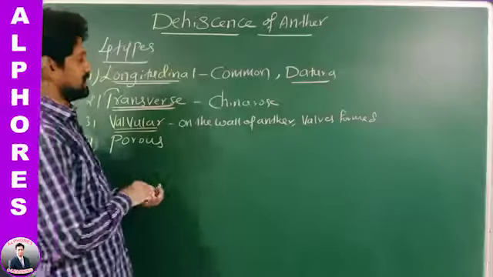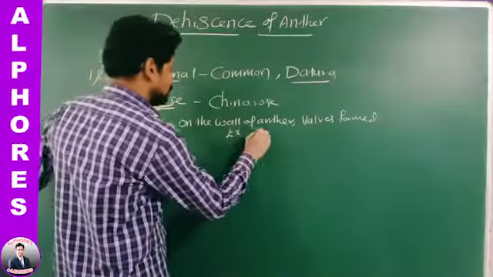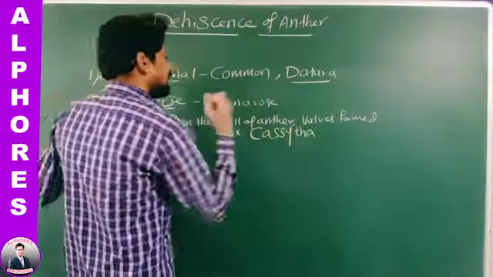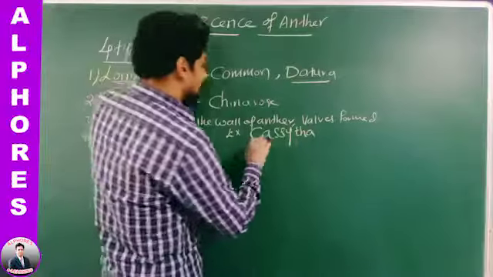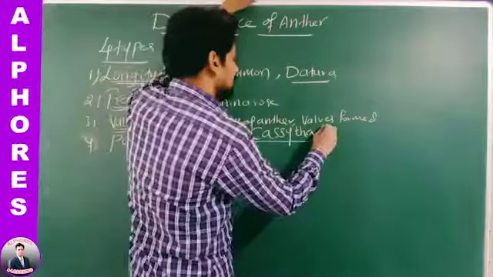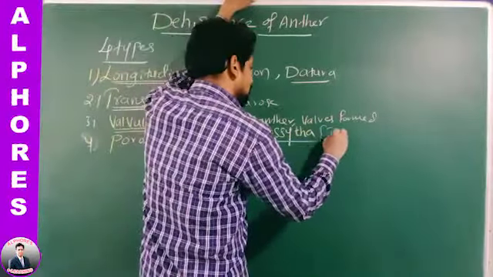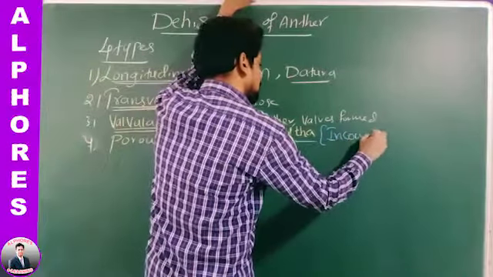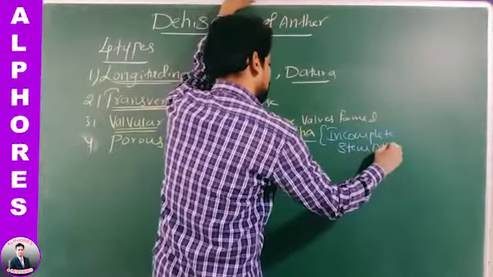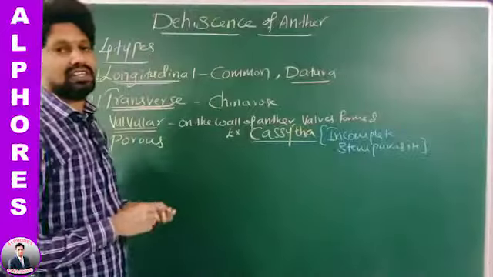Sir, I am writing the example. Valvular dehiscence, example is Cassytha. This Cassytha is an incomplete stem parasite or partial stem parasite.